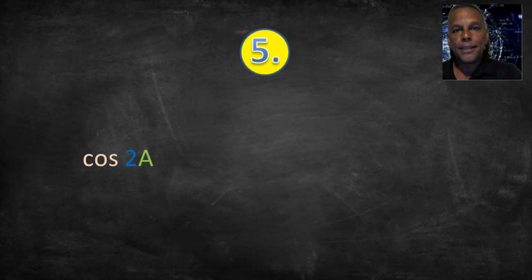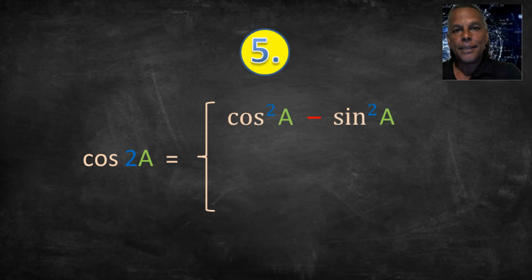Then coming to the fifth compound angle expansion, it says that the cos of 2a can be equal to any one of the following three expressions. It can be equal to the cos squared of a less the sine squared of a. It's also equal to twice cos squared a minus 1.